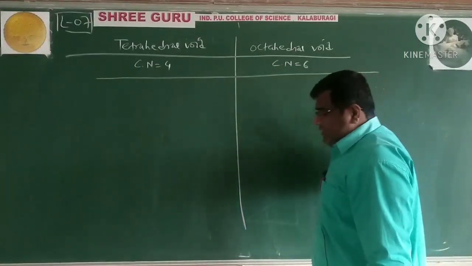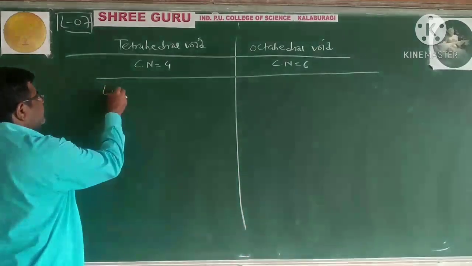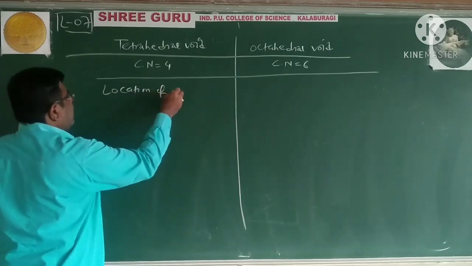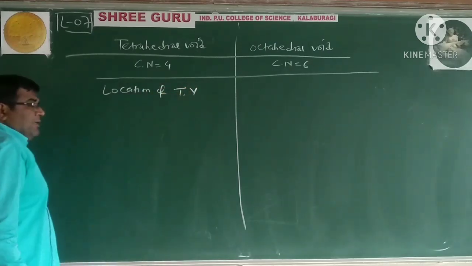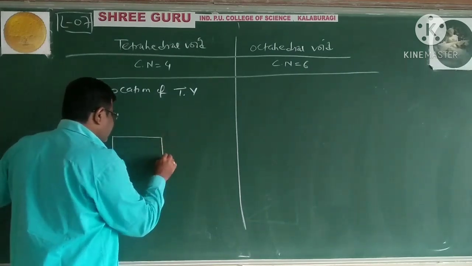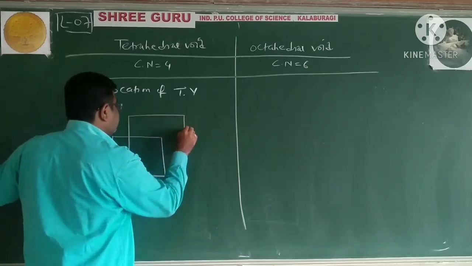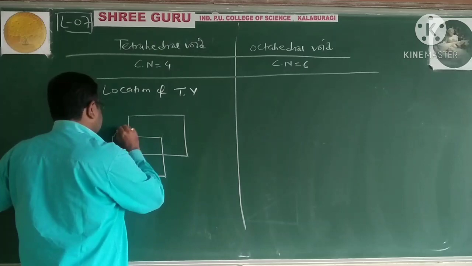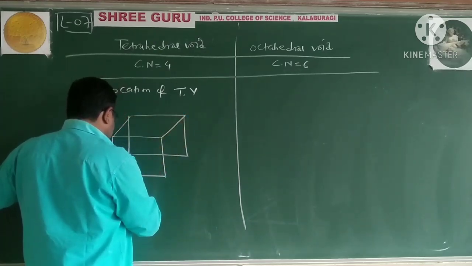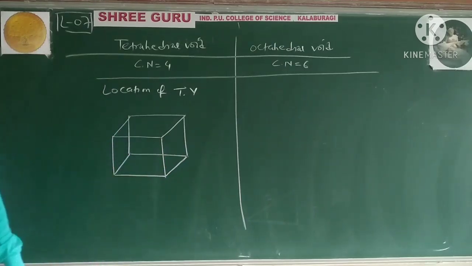Now, the next point is the location of the tetrahedral void. For that, I will draw one diagram here. Carefully understand the location because there are many questions on the void. So this is a cube.